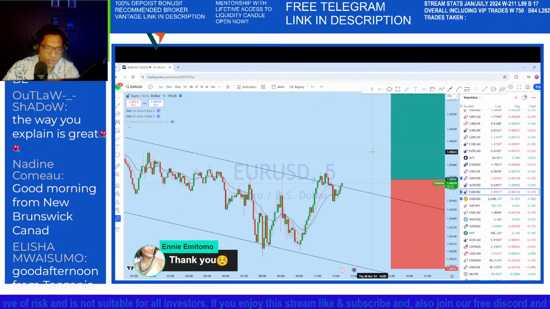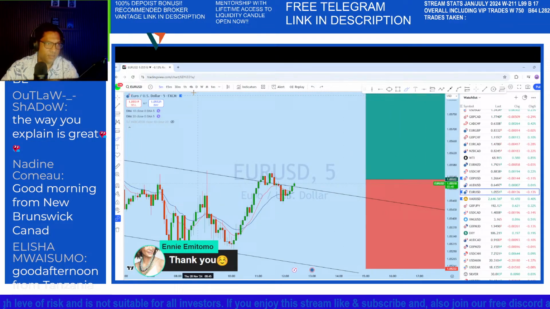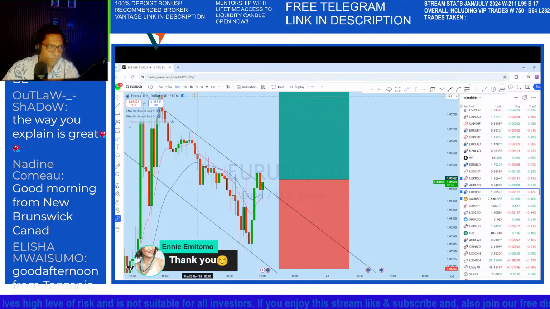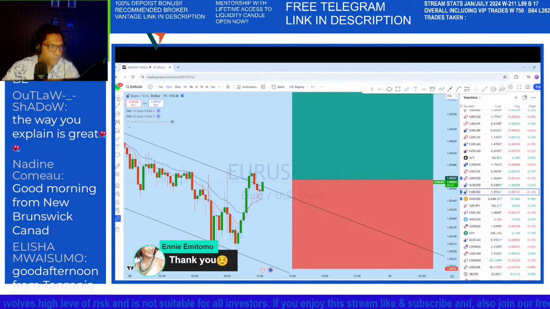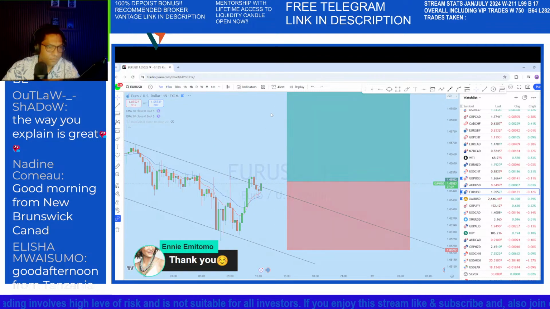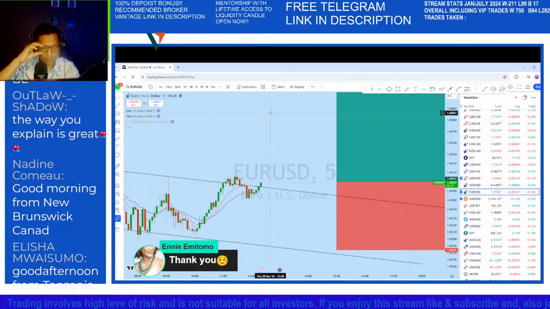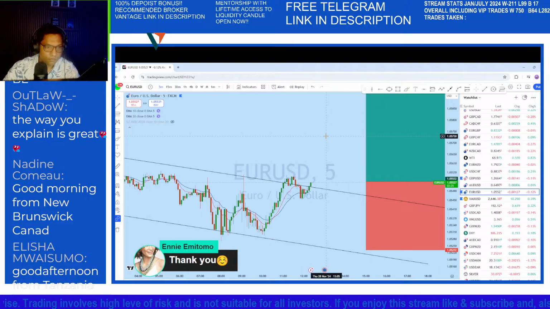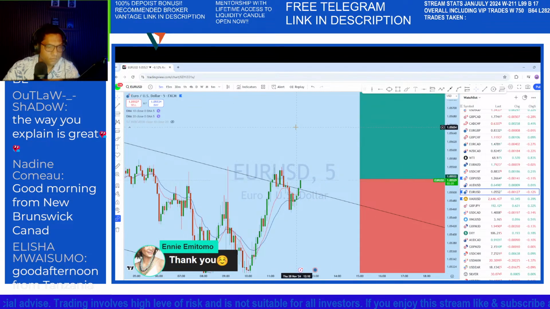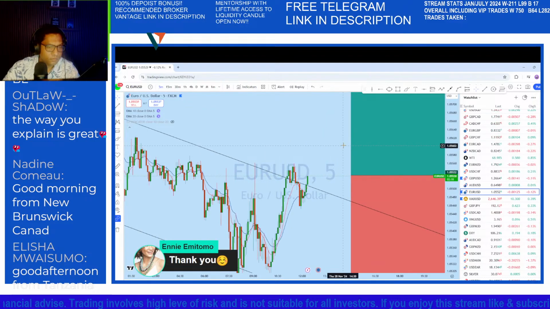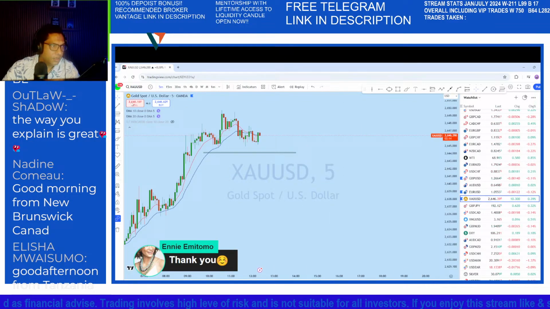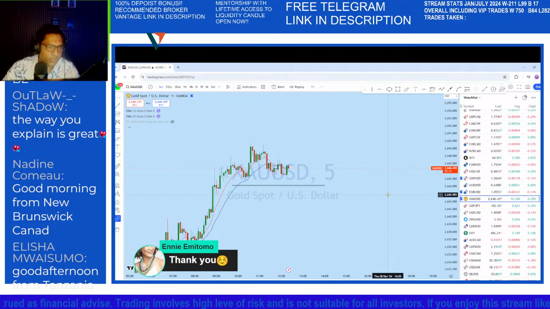We are on this trade. For those who join later, we are running a bullish trade on Euro USD. Okay, so you can see that bounce here on XAUSD as well, the market trend here.